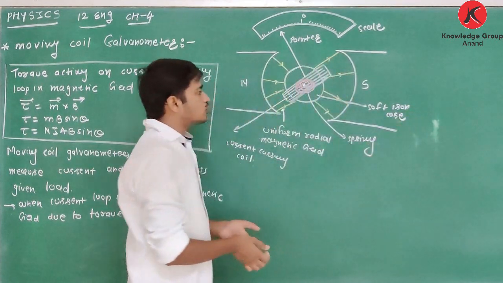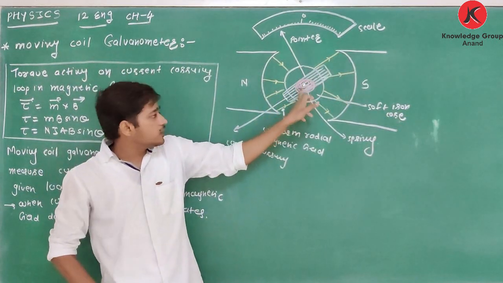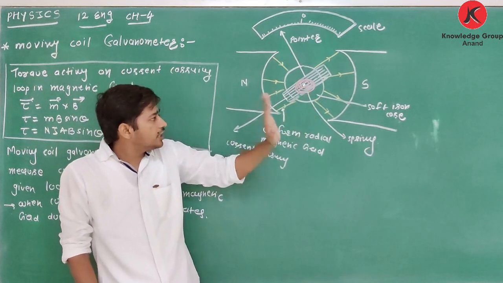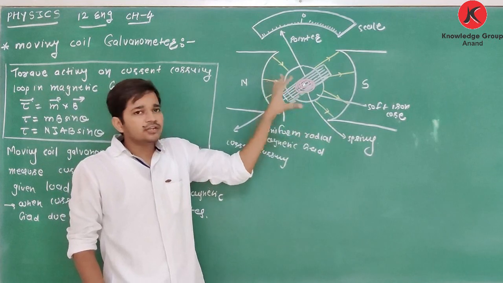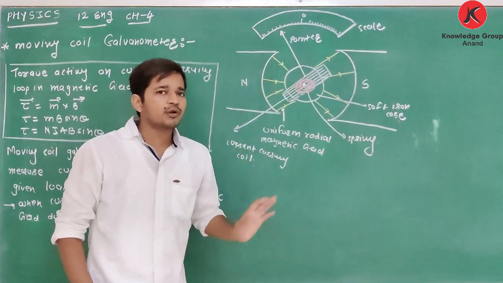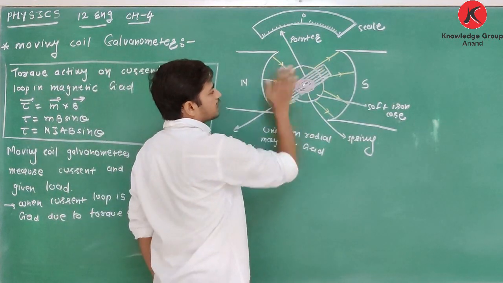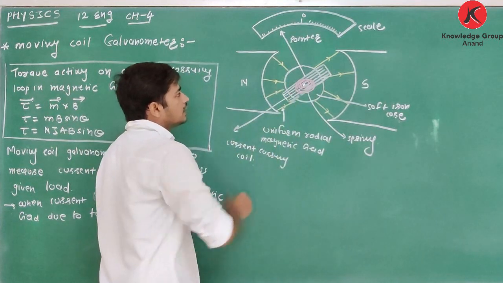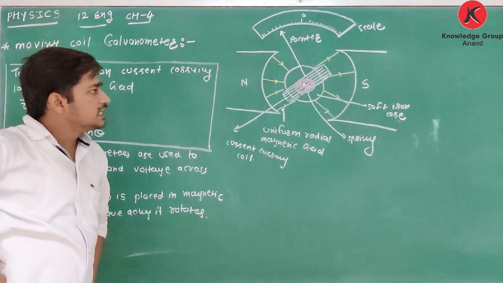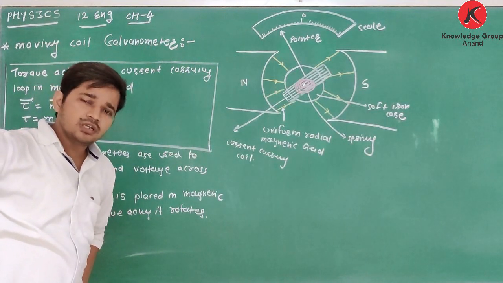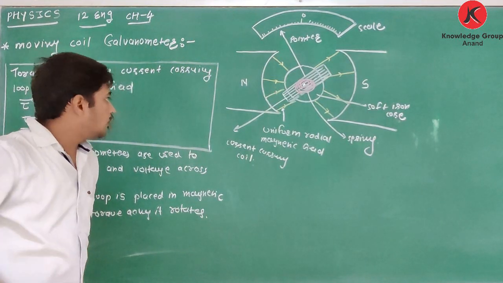On this soft iron core, the coil is pivoted along with a spring connected to it. What is the purpose of this soft iron core? To produce a uniform radial magnetic field. This coil is placed like this with the spring. The pointer is connected, and it moves on a circular scale. Clear about this construction?